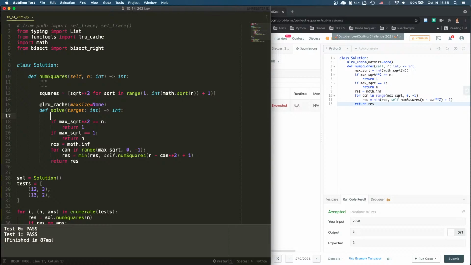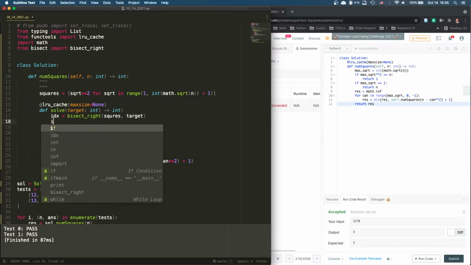I don't know, but basically we binary search the target, and so I'm going to say index is going to be bisect right squares and target, and we say if index, so it will not be smaller than 1, right? So it will be just in between.